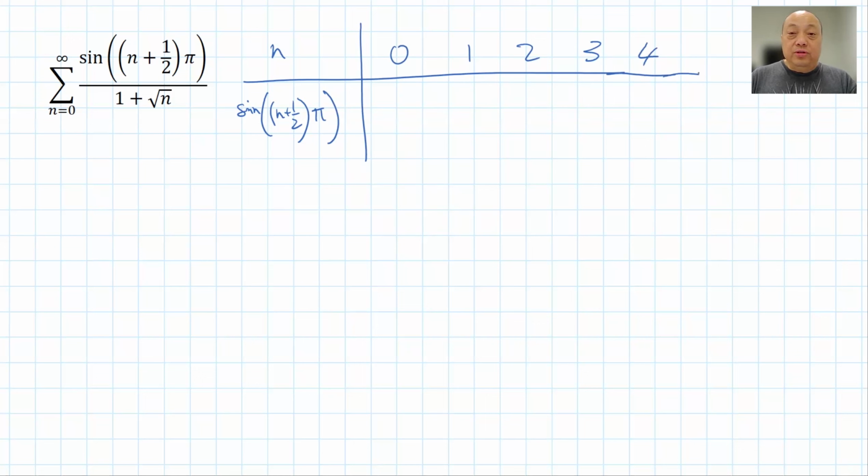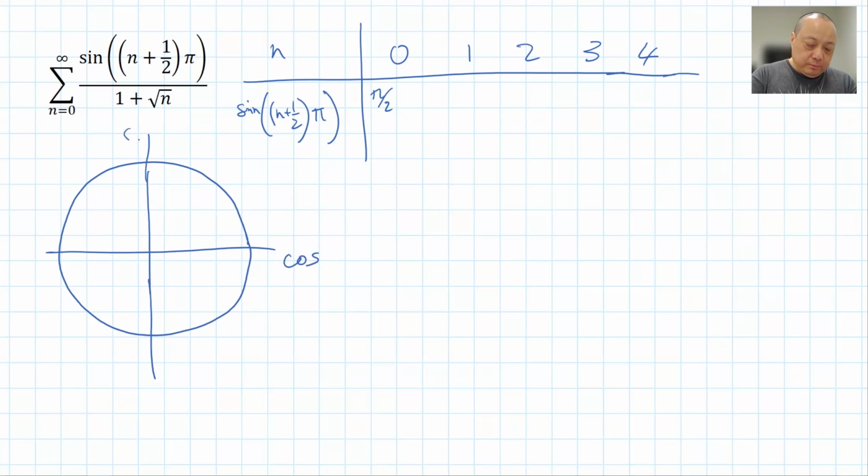When n is equal to 0, we're looking at sine of pi over 2. And sine of pi over 2 is 1. When you have to deal with sine and cosine, always draw the unit circle on the side so you can visually see where things are. So first we're at pi over 2, and I have sine equals 1.